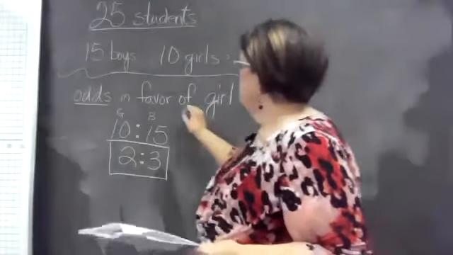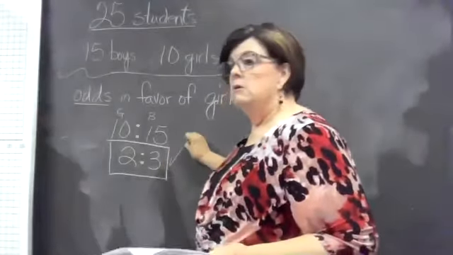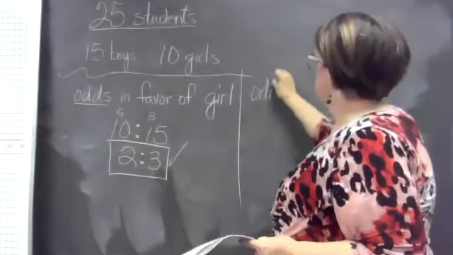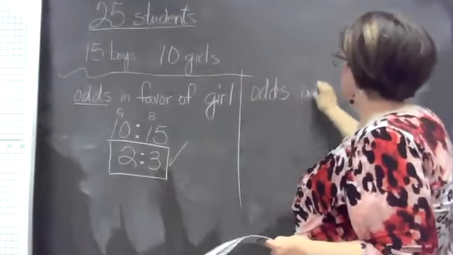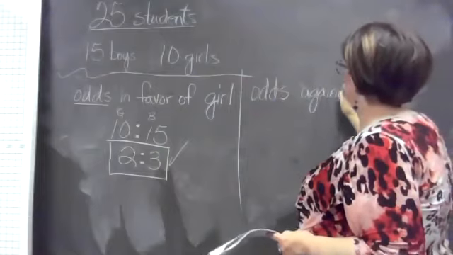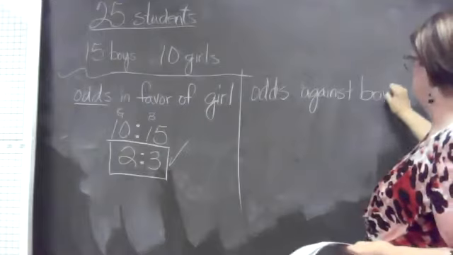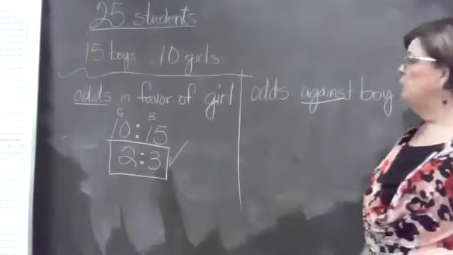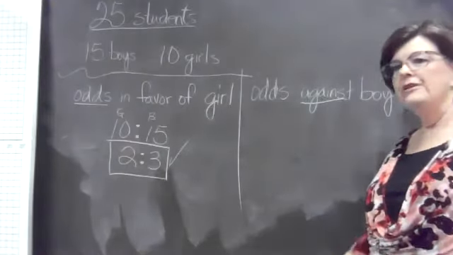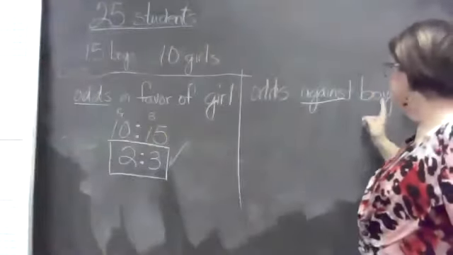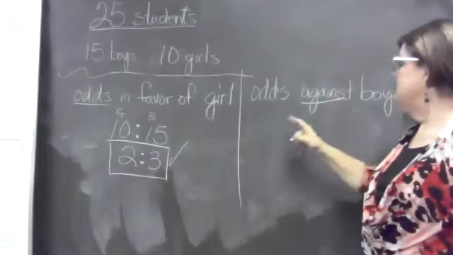Here's the odds in favor of a girl. Now let's do odds against a boy. Well, if it's against a boy, then it's got to be the girls in favor of the girls. If it's against a boy, then it has to be the girls.